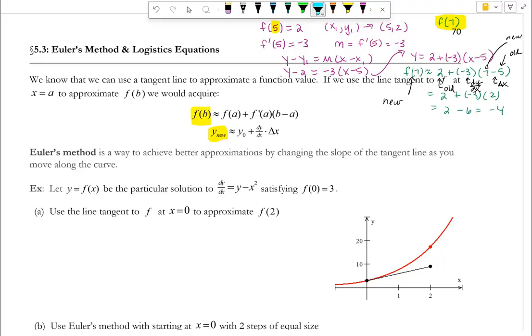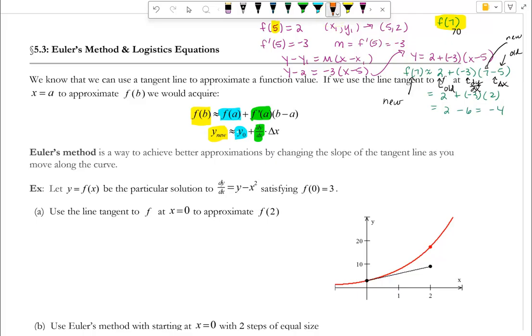I'm going to think of my initial, known y value, which in my original tangent line approximation was my f of 2, and we're trying to find f of 7. That was our new y, and we're adding to that the product of our slope and our change in x.